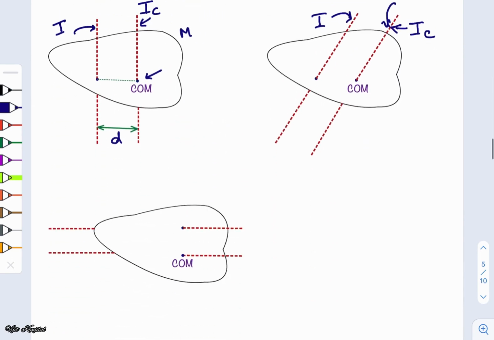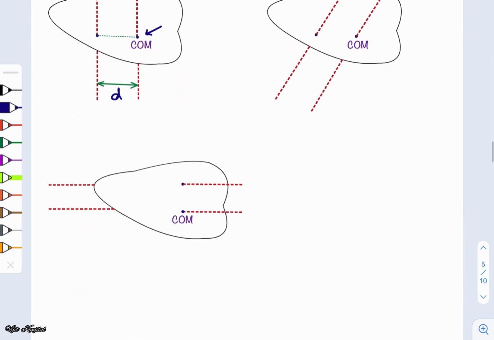Similarly, if the axis is oriented in a different manner, and the moment of inertia with respect to this axis passing through the center of mass is IC, and with respect to this axis which is again parallel to this particular axis is I, I would be simply equal to IC plus md square.